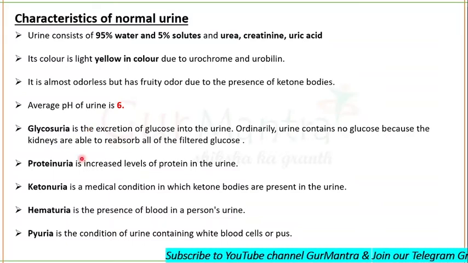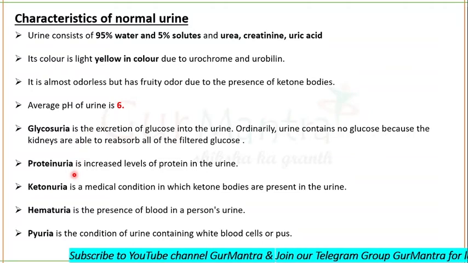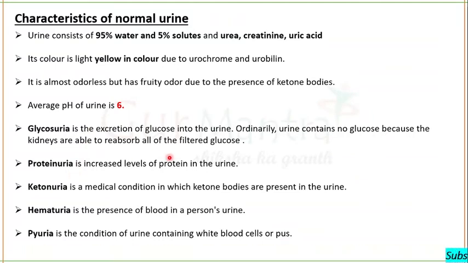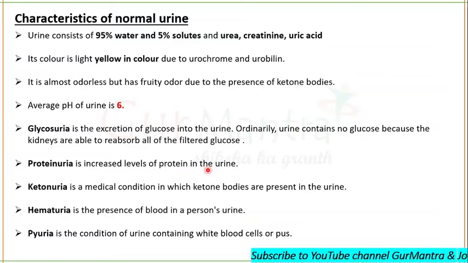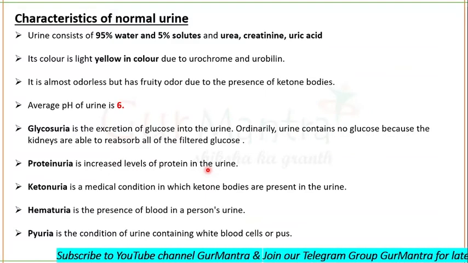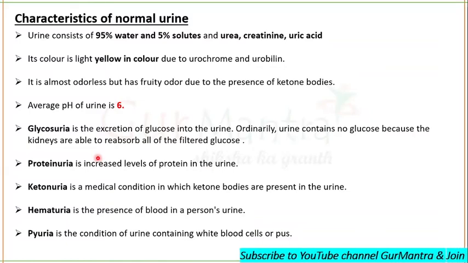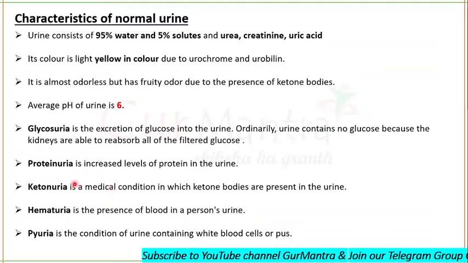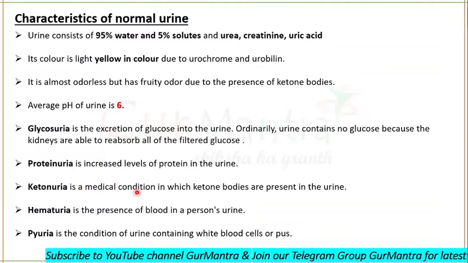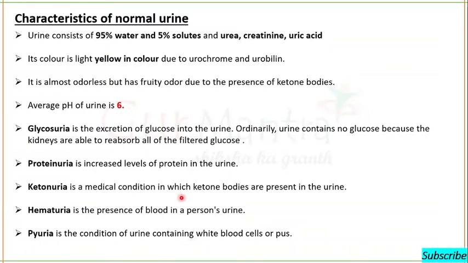Next comes proteinuria. When the protein level is increased in the urine. Normally, remember, no proteins are filtered out in the urine, but if due to any defect proteins come out in the urine, the disorder is known as proteinuria. And then comes ketonuria. Ketonuria is normally seen in diabetic patients, in which ketone bodies are present in the urine.